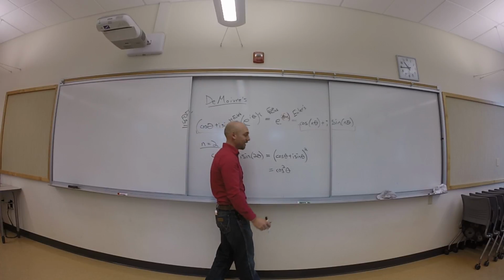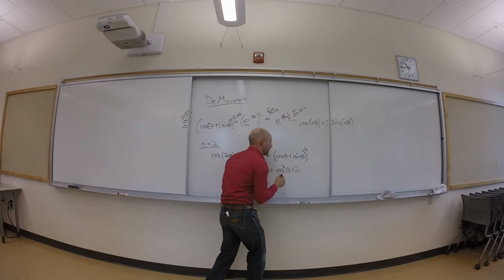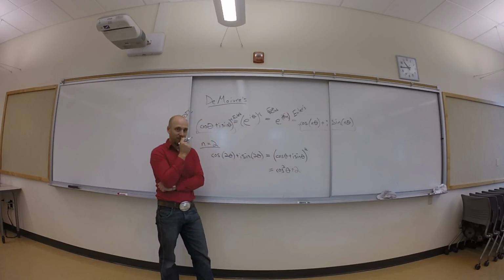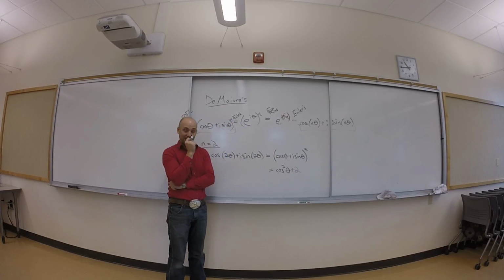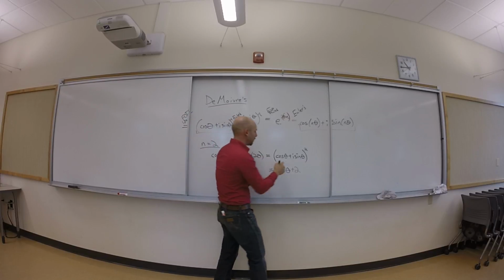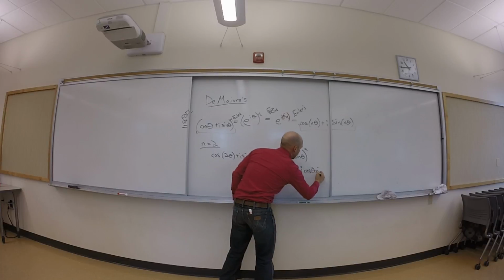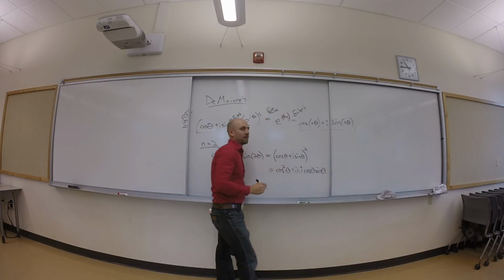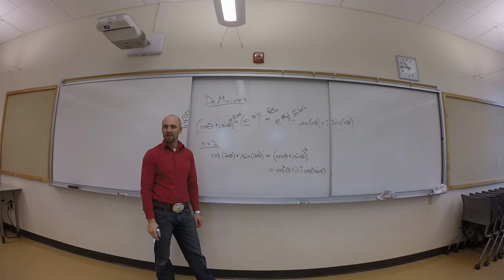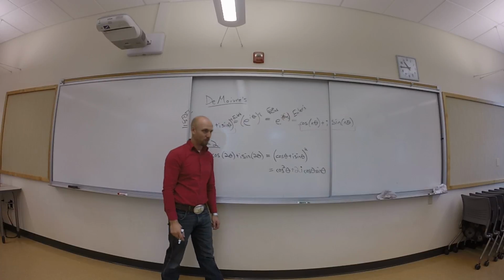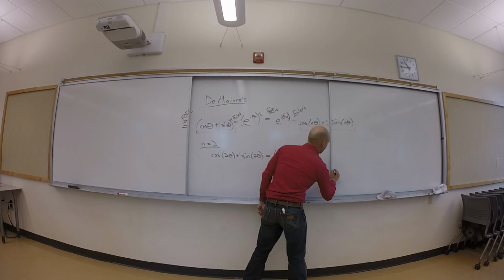Outside and the inside are the same thing, so you're going to get 2 of, what are the outsides and insides? Cosine sine. Yeah, there's an I. Cosine theta, sine theta. And then what's your last term? Sine theta squared with an I squared associated. Negative sine theta. So negative sine squared theta.